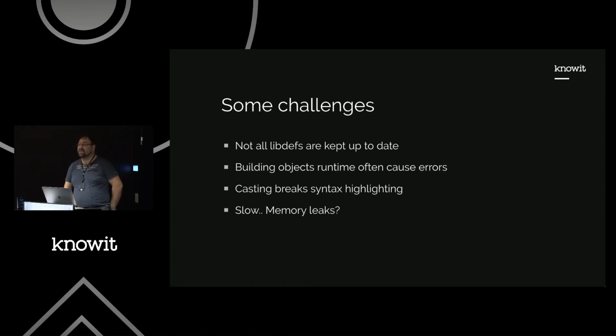Also, you can cast your types, but it usually breaks syntax highlighting, which is really annoying. And lately, we've found that Flow might just stop. It's really slow at times because, I don't know.